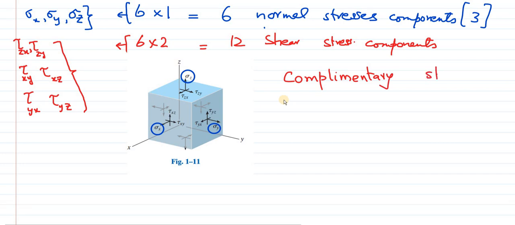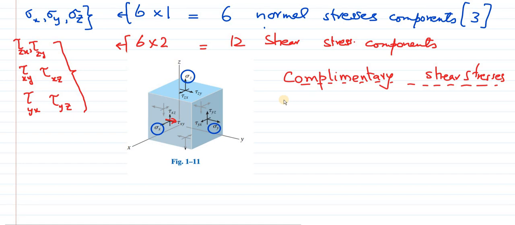These are the shear stresses acting on adjacent faces. For example, this tau xy acting in this direction is a complementary shear stress of tau yx acting in this direction. So tau xy and tau yx are the complementary shear stresses.